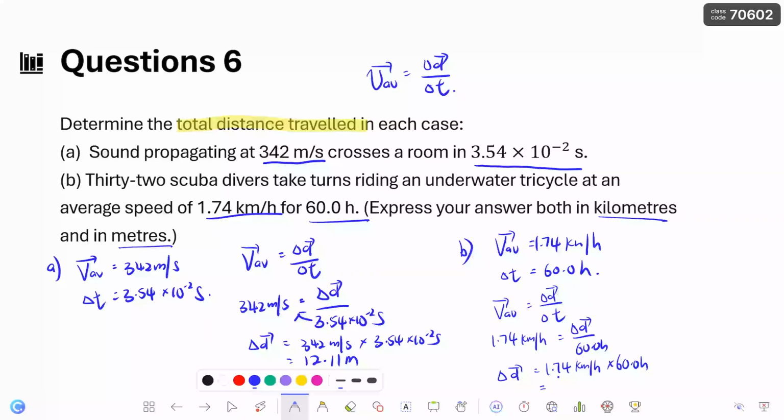So 1.74 times 60 is 104.4 km, and we need to convert the answer into meter. So the distance in meter is 104.4 times 1000, which is 104,400 meter. So these are the answer.